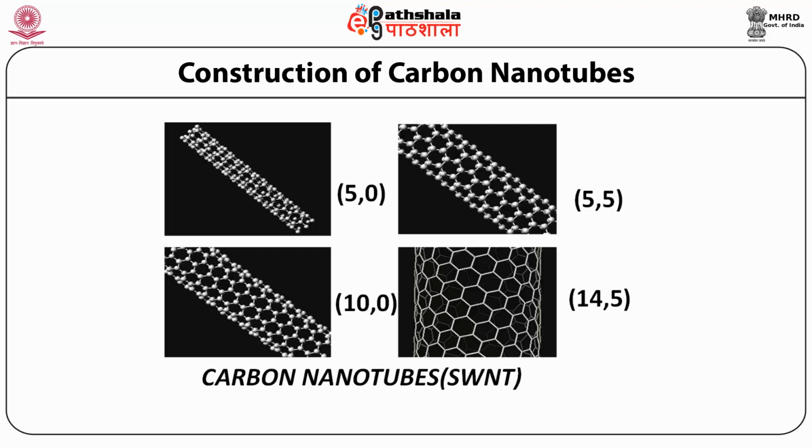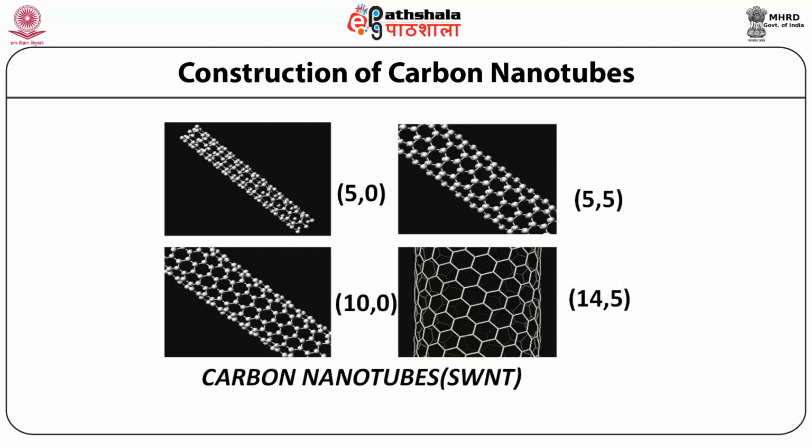There is another class of tubes where n is equal to m, for example (4,4), (5,5), (7,7), (9,9), etc. And then the third class where n and m are not equal and not 0, for example (14,5).